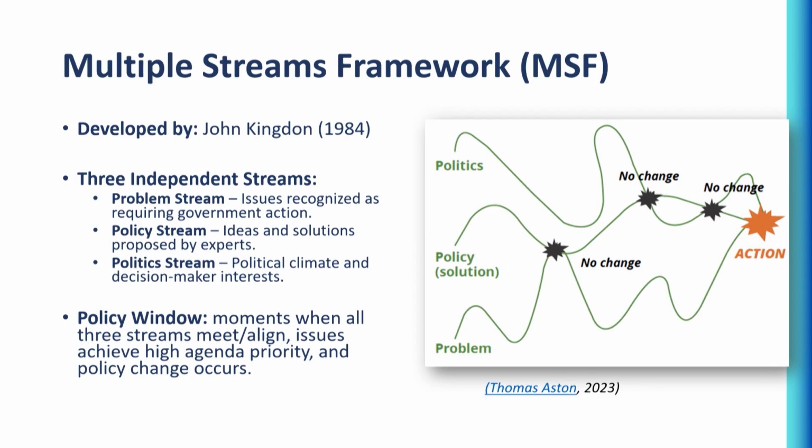So there will be instances when the problem and policy will align, but then there is no political will. Or sometimes the politics and policy will go hand in hand, but then there may be no problem statement available. Or in the third scenario, it will be the politics and problem. Politicians will be highlighting that there is a problem we need to address, but we don't have a solution. So the action will happen when all these streams come together in a policy window.